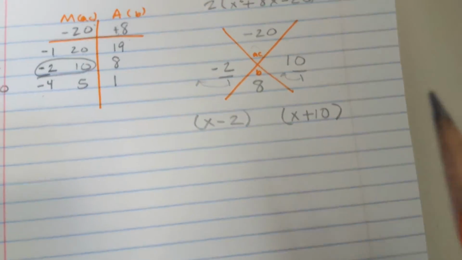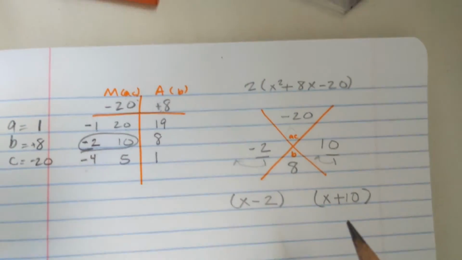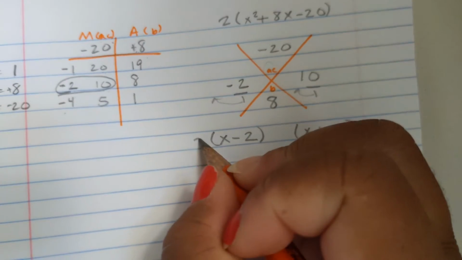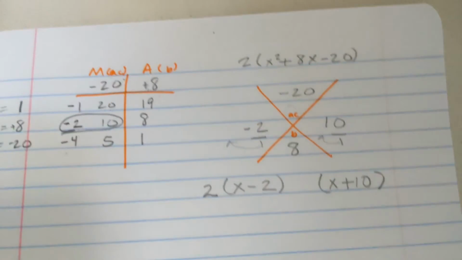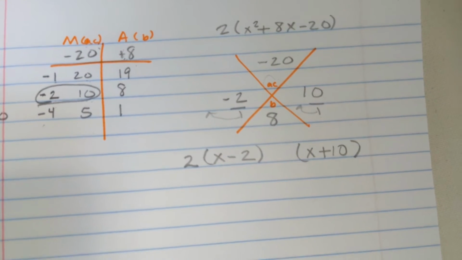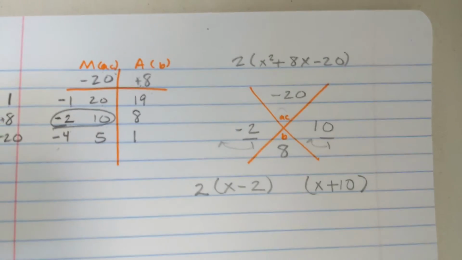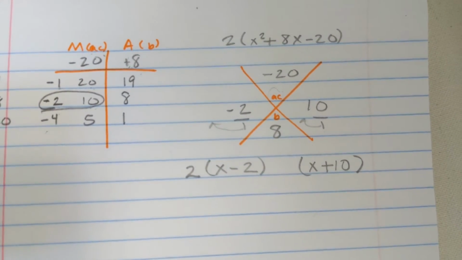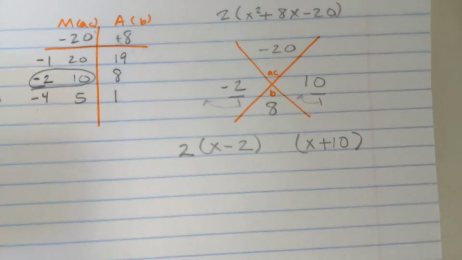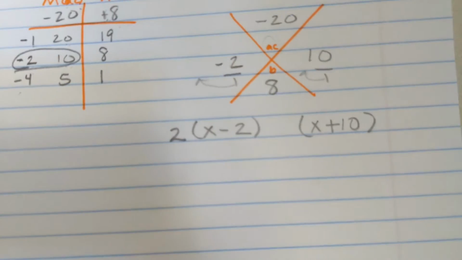Don't forget that we did factor out our GCF at the beginning of the problem. So at the end of my problem, I have to put back the GCF into our problem. So if you're looking back at your notes, it said to put it in factor form. We did that.